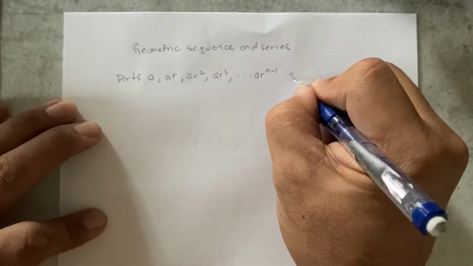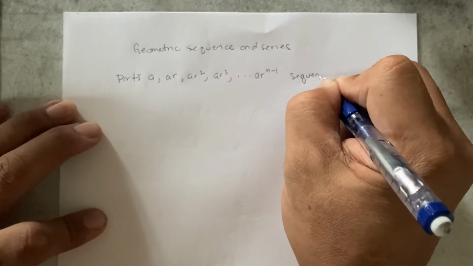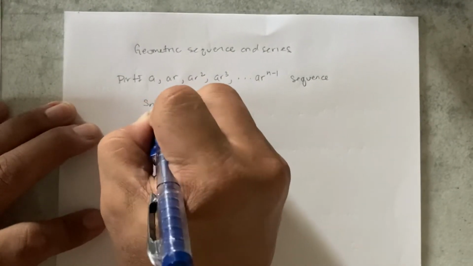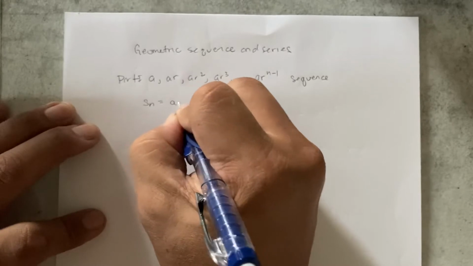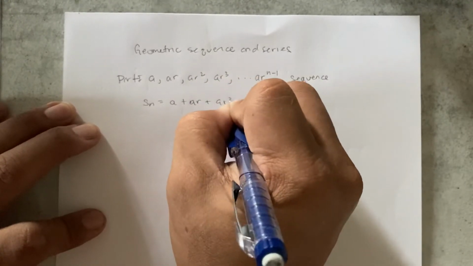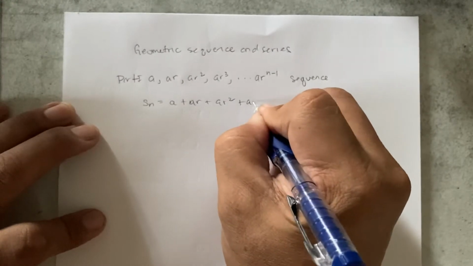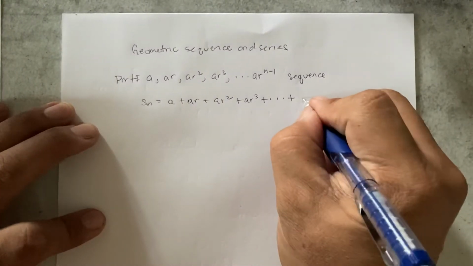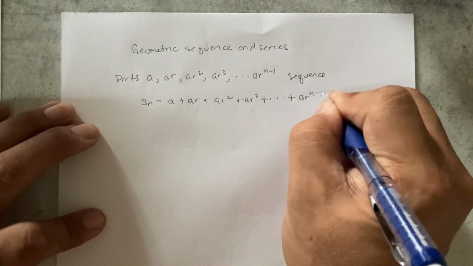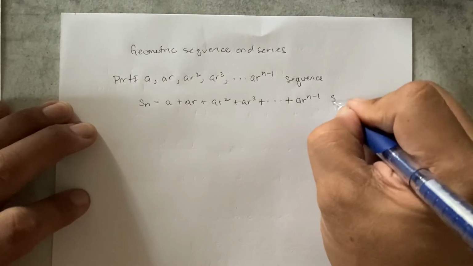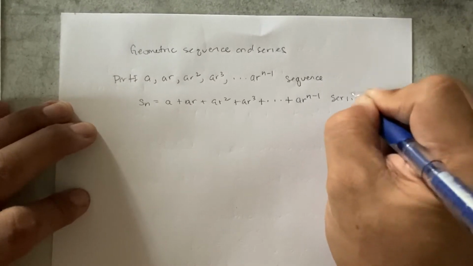Okay, this is a sequence. And the rule is S sub n, the sum of the first n terms. I'm going to use ellipses here to represent continues. The sum of the first n terms that you see here, and this is your rule.